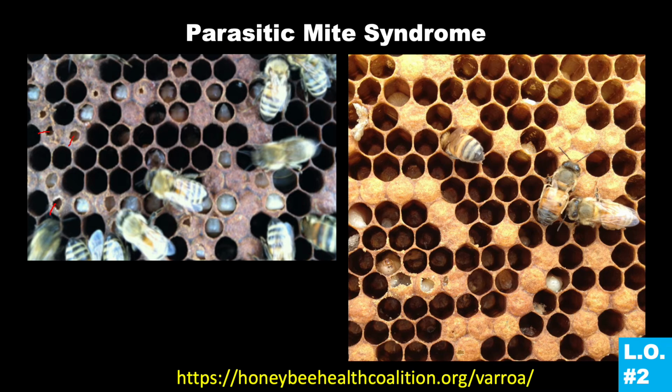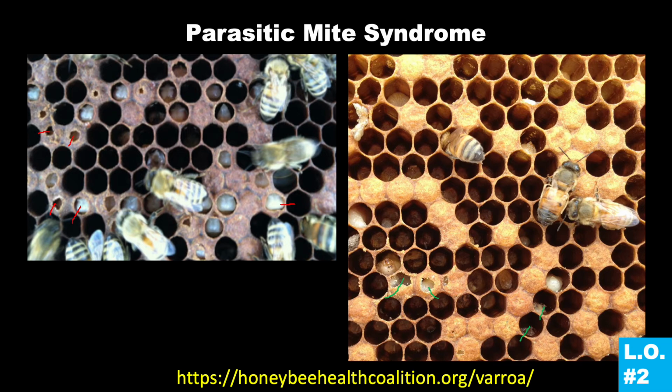But you can also see that there is some yellow or discolored larvae here as well. And so that would perhaps mimic what you would see with European foul brood. In this picture on the right, again, you can see evidence of open capped cells as well as some scale formation here.